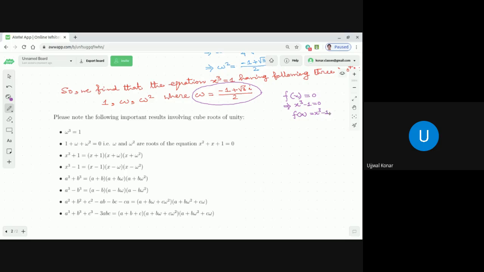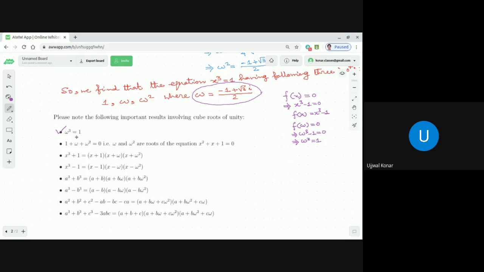Here we are saying that omega is a root, so f(omega) equals 0, that means omega cube minus 1 equal to 0, which tells that omega cube equal to 1. So this is the first point, that omega cube equal to 1.